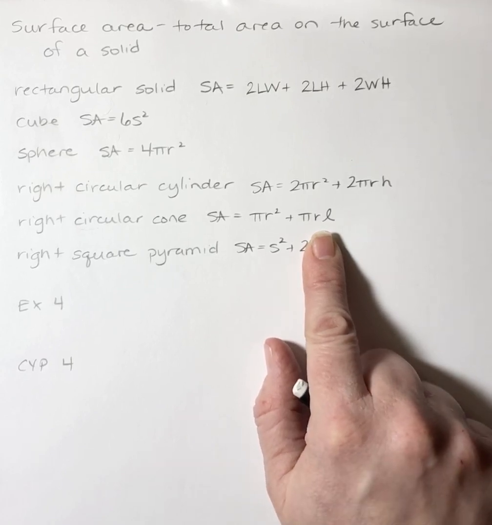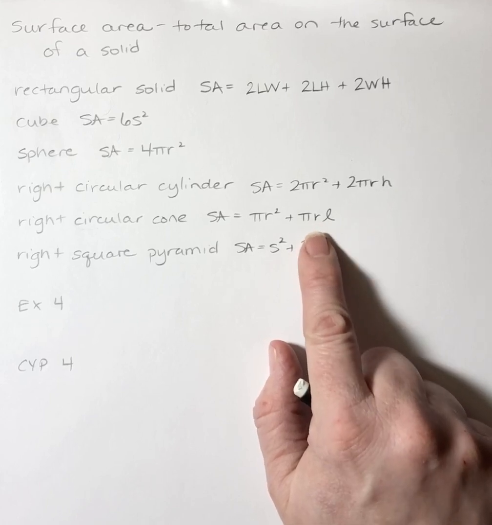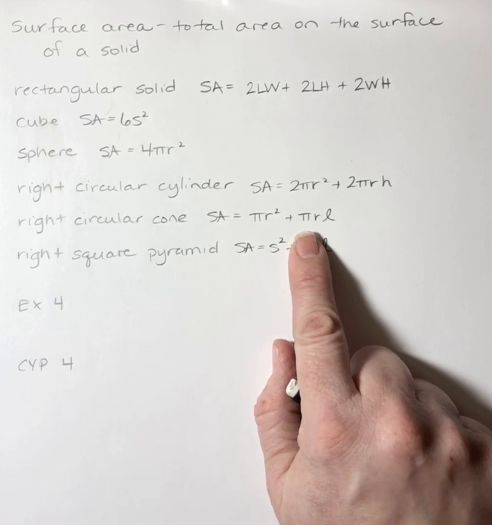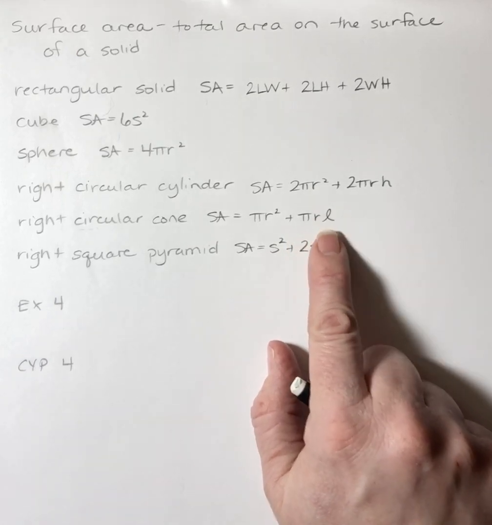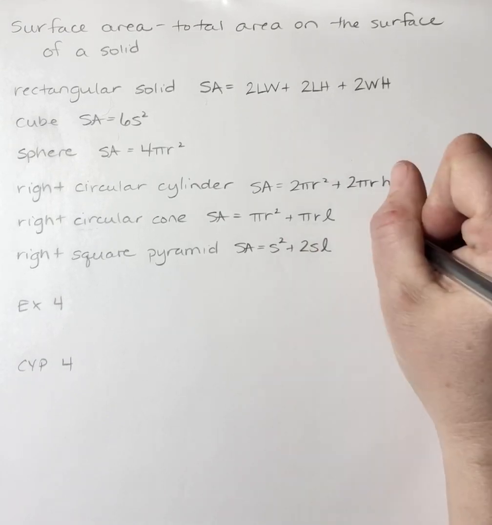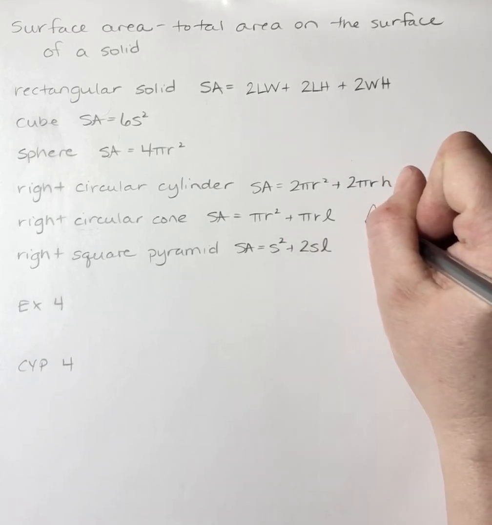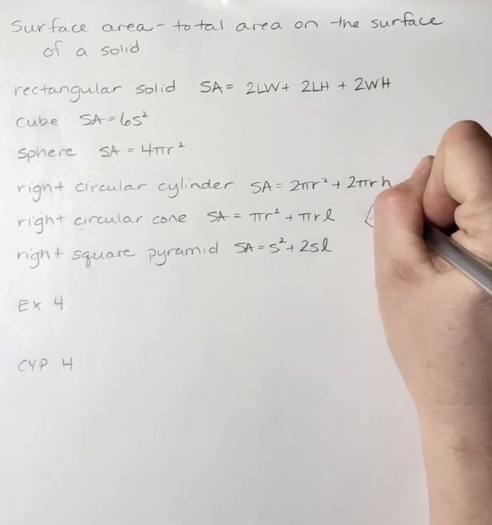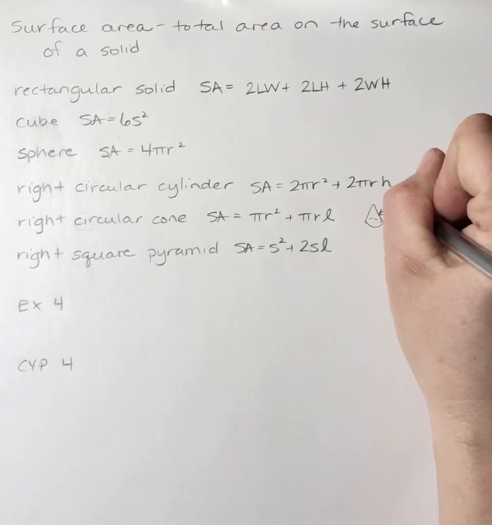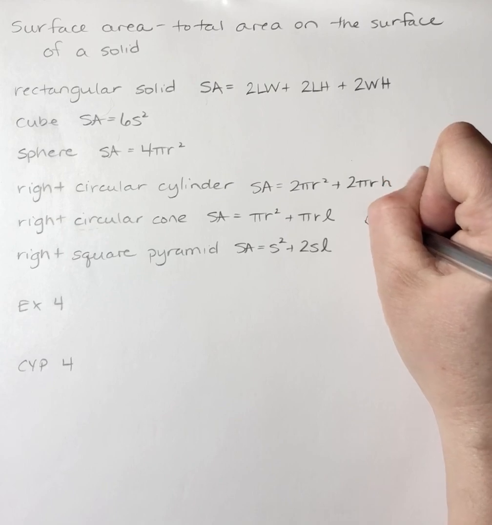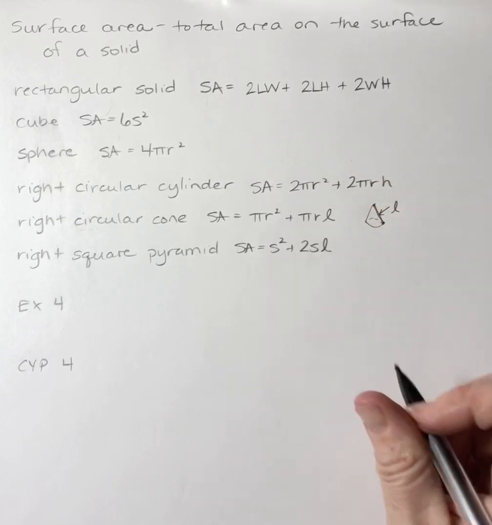And so the area of the side of your ice cream cone, okay, it's pi times the radius times L. And L is something called the slant height, okay? So if I have a cone, this distance here is my L. That's my slant height from here to here, okay?